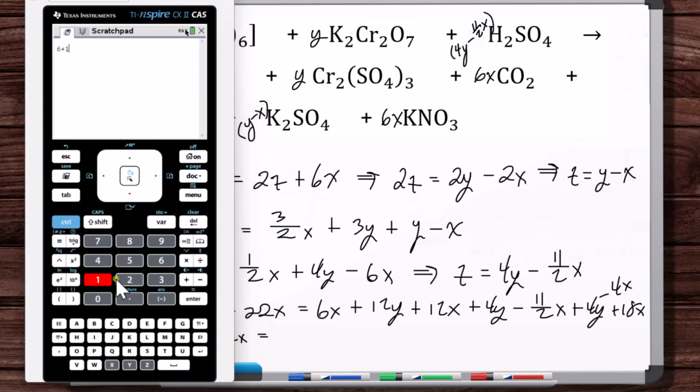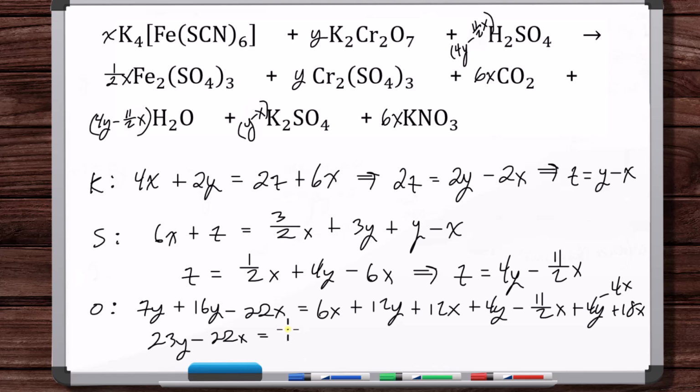Then let's see, 6 plus 12 minus 11 halves minus 4 is 53 over 2 X. And then 12, 16Y, you've got 20Y.